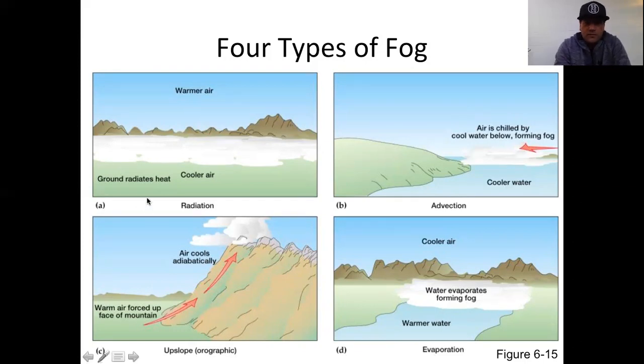Now, radiation fog is the fog that we see in Southern California in the fall or in the spring. The air that is cool, you see here, ultimately is pushed into our region by some type of sea breeze. So that air is not only cooler, but it also has tiny little water molecules in it.